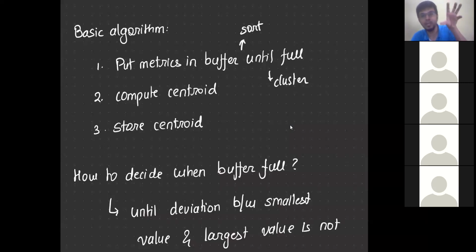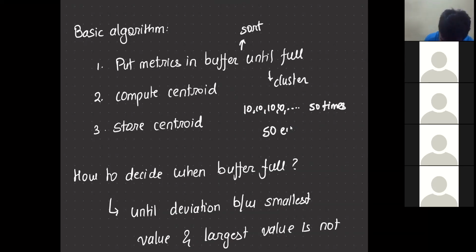Okay, and then we say how many numbers were there in the cluster. Like what I talked about, let's say I got 10, 10, 10, 10, and so on. We got it 50 times. So instead of making 50 entries in the database, I'm saying I got 50 entries, each with value 10, or rather in place of each I'm just defining one value which is 10.